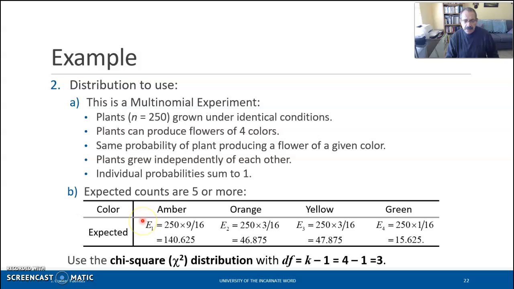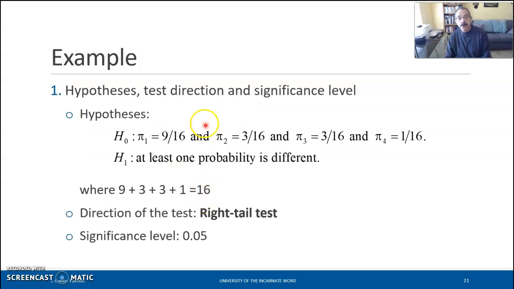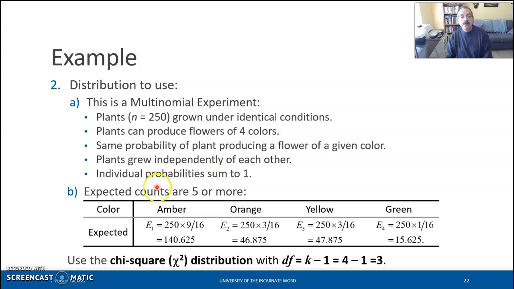And to get the expected counts, we use the probabilities that we assume under the null hypothesis, 9/16, 3/16, 3/16, and 1/16. And we multiply them by 250 because there were 250 trials, plants in this case. So you multiply 250 times each of these probabilities, and then you find the expected values.